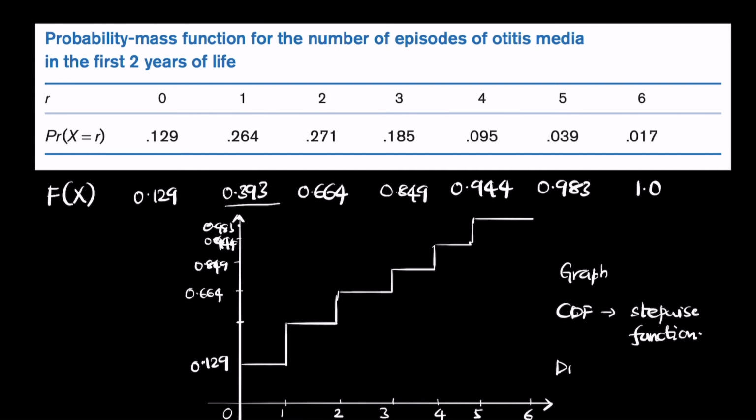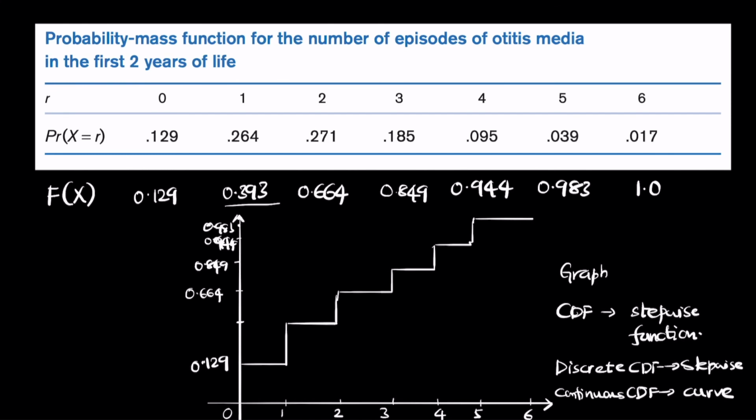A discrete CDF is stepwise, and a continuous CDF is generally a curve. That's the difference between a continuous function and a discrete function, and this is how you can differentiate these two. With that, we end the topic on cumulative distribution functions.